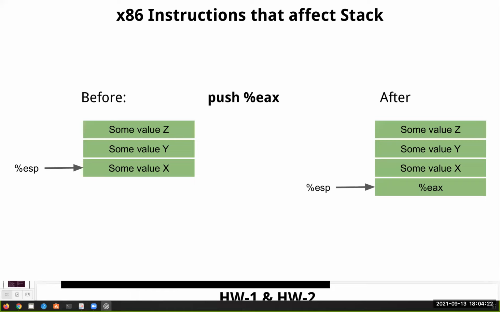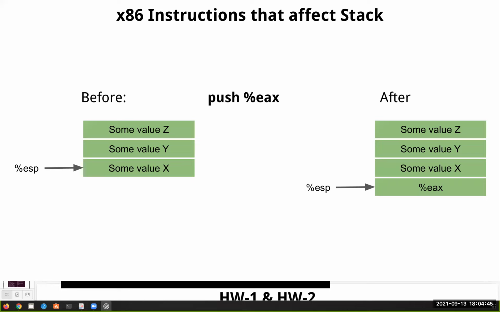So let's say we have a push instruction, and the value we want to push is in register EAX. The argument for this instruction doesn't have to be a register. It can be just a number. Okay, let's say this is a stack. This is a high address. This is low address. So the stack goes this way.